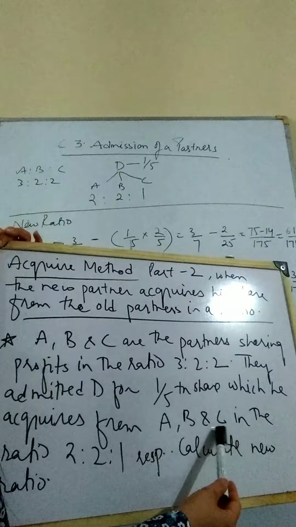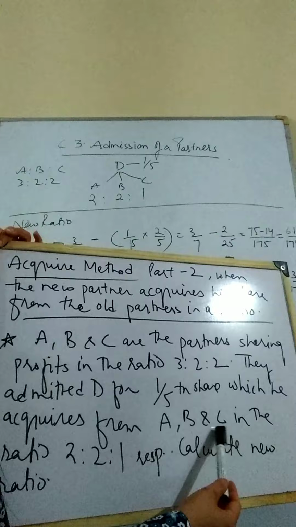So, today we are going to go with the Profit Sharing Ratio Acquire Method Part 2 that we are supposed to do today. So, for that, I'll take up one condition. When a new partner acquires his share from the old partner in a definite ratio.